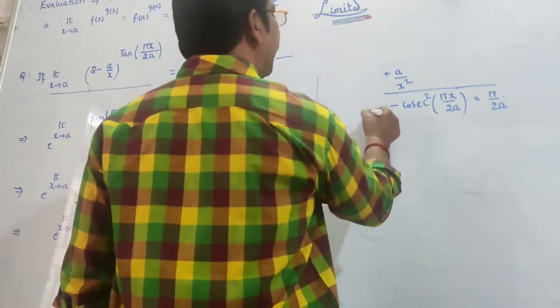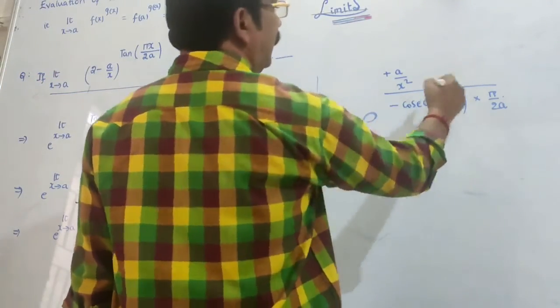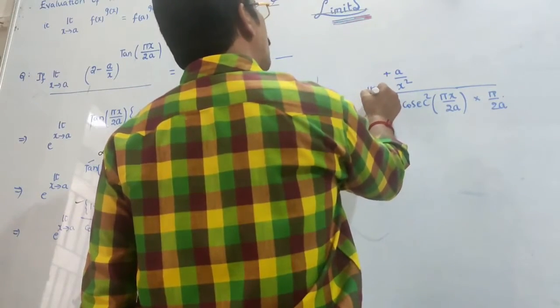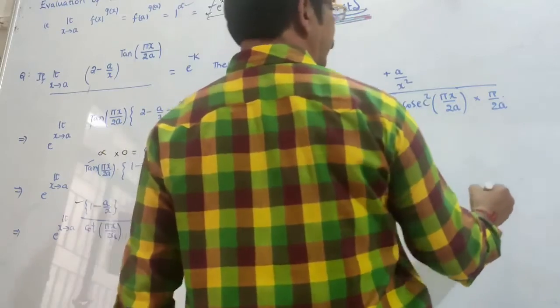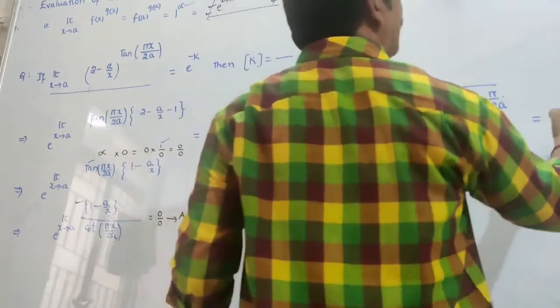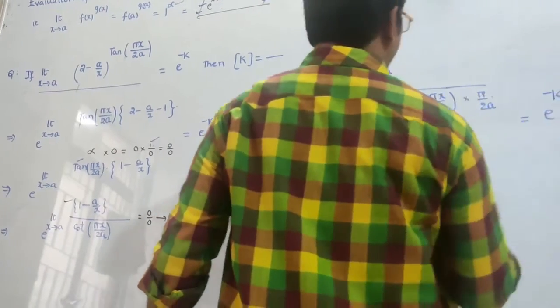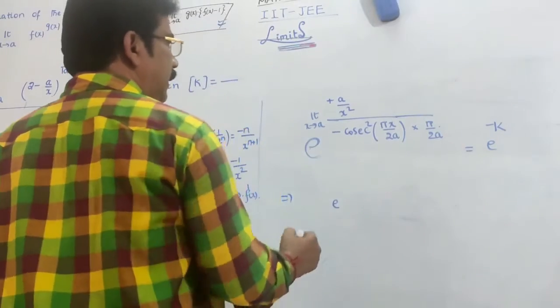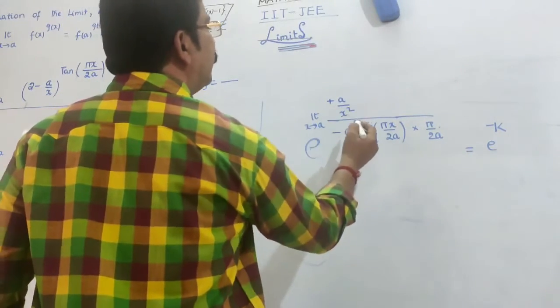So it is e to the power of something, and the limit extends to a, which is equal to e power minus k. So e power x equal to a means a square.